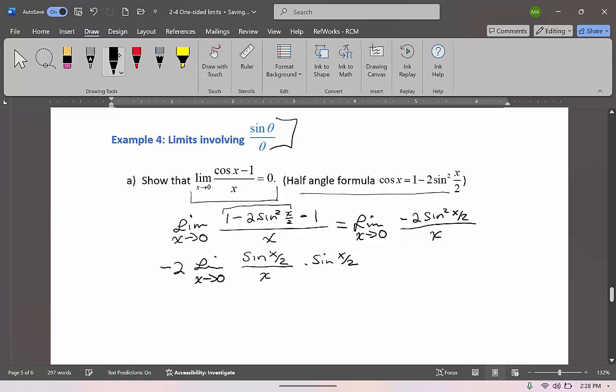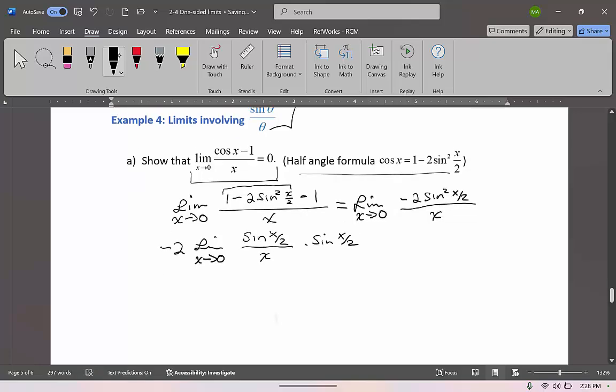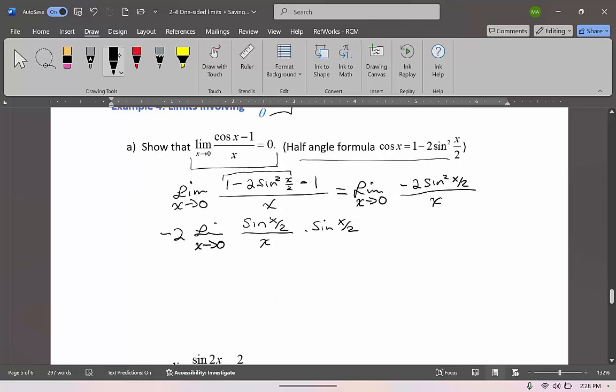form here. So we're not quite there yet, because the argument of the sine function here is x over 2. And so basically, I'm going to need an x over 2 in the denominator. So I can think of this as I'm going to multiply the numerator and the denominator of this fraction by 1/2.